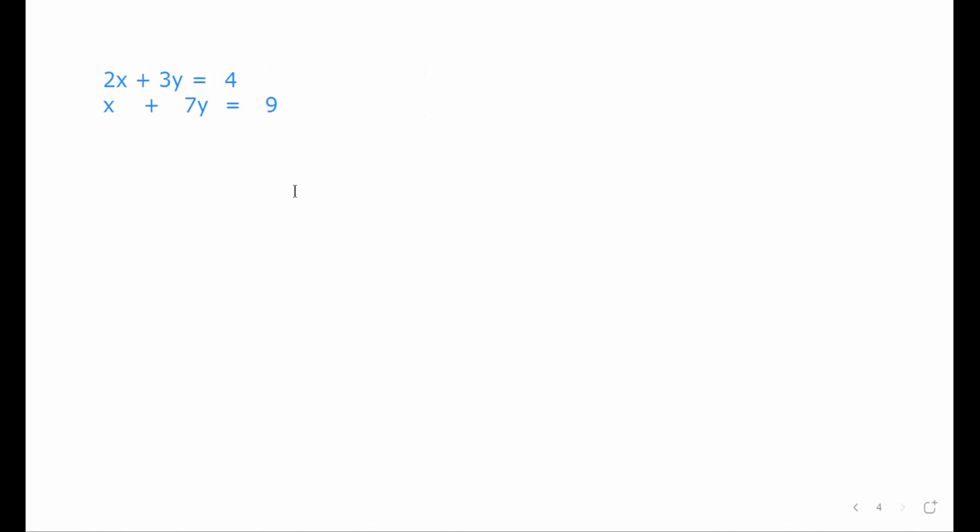From this one, you have to find the answer for what is x and what is y. You have to use Cramer's rule, or using the matrix method, you have to find the answer for these linear equations. I'm going to give you 10 minutes to find the answer.